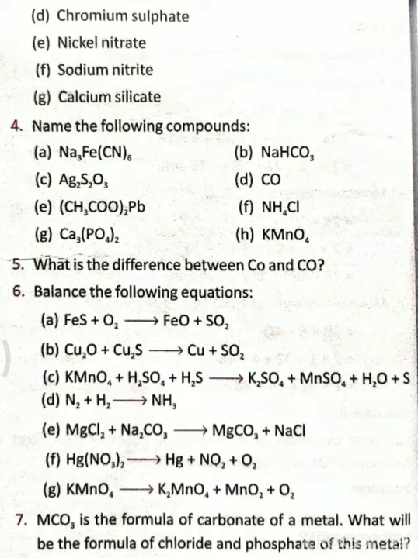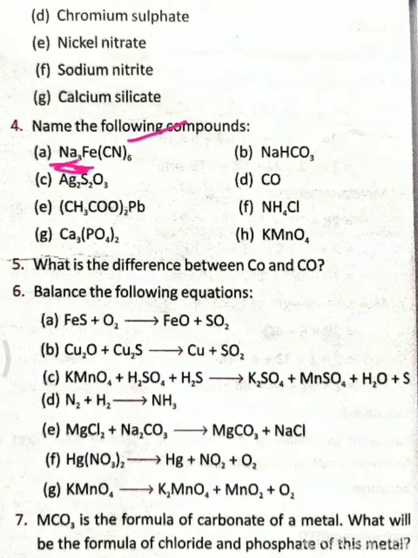Then name the following compounds. First one is Na3FeCN6. So FeCN6, you know the name of that formula, that is ferrocyanide, and Na is sodium. So this one will be sodium ferricyanide. If Na4 were there, then that would be ferrocyanide.